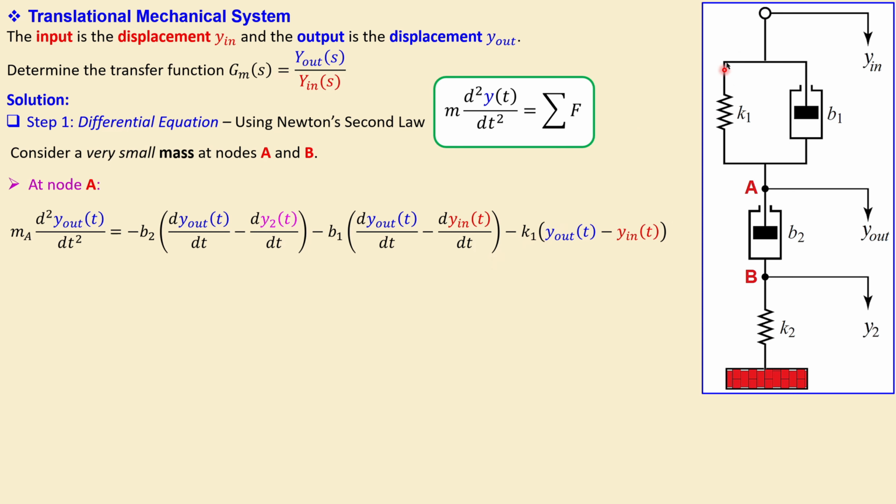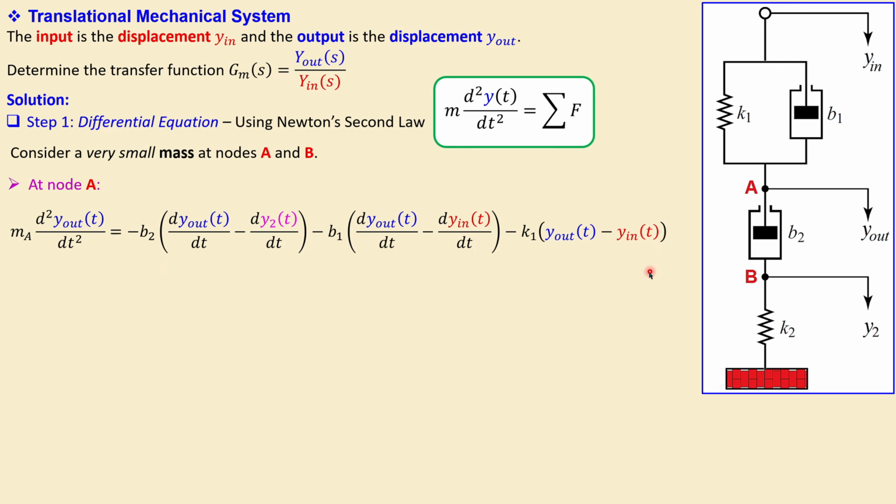Now we also have the spring, which is in similar form, but you use the spring constant times the difference in displacement, that is y out minus y in. Those are the generic formulas for spring and damper. For the spring you use the spring constant times the difference in the displacement, and for the damper you use the damper coefficient times the difference in the velocity.